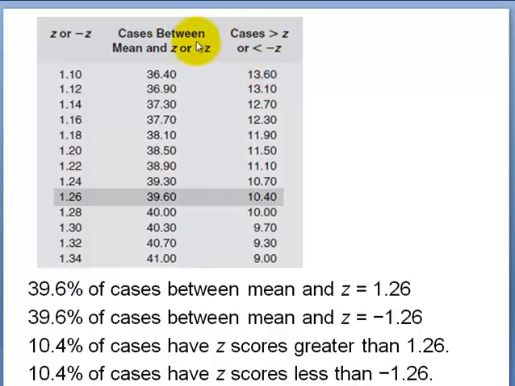These two columns must sum to 50% because in sum, 50% of the cases are greater than the mean. And obviously things would work the very same way in the negative direction.